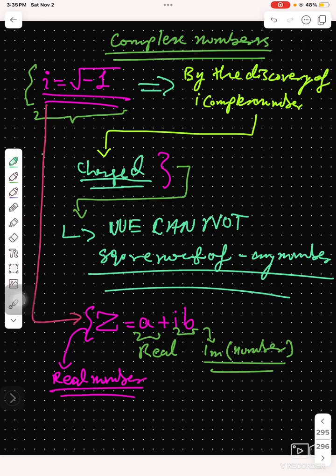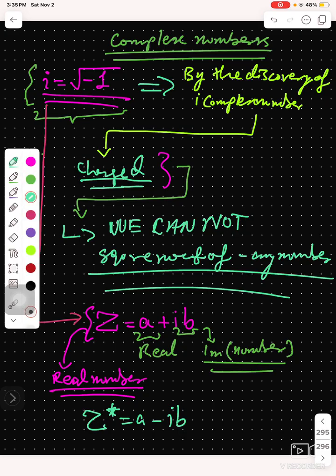And the conjugate of z, which is z star, equals a minus ib. Same again in both: what is common is that a is a real number and b is the imaginary coefficient.